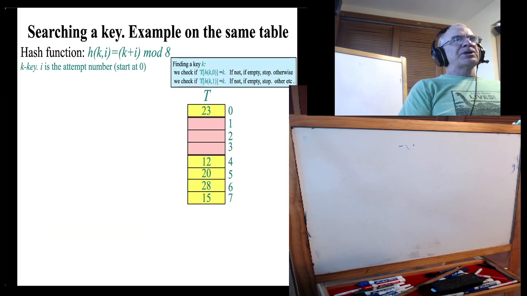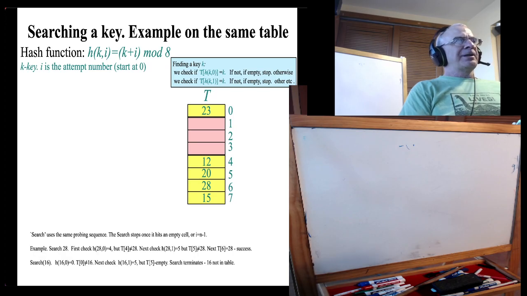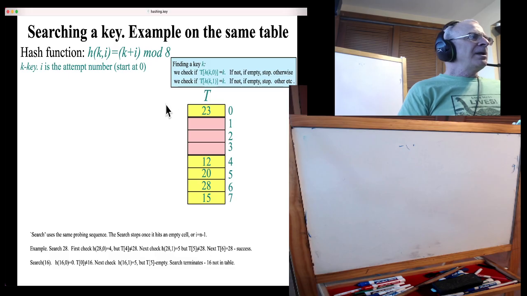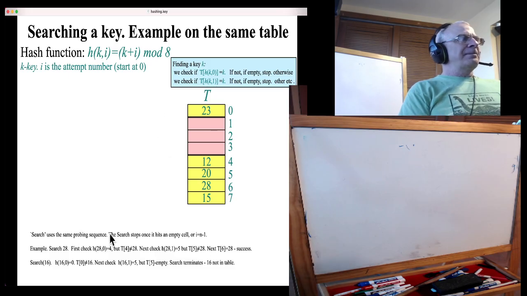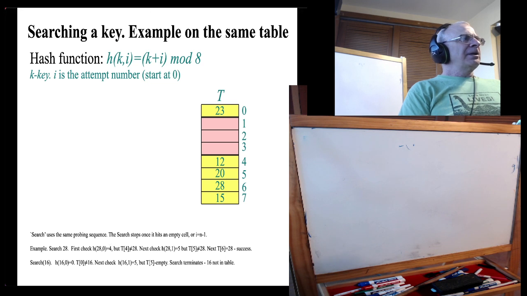Searching for a key, I know what the key that I'm searching for is, so I know where I would try to put this key. If you're searching for something, try to remember what would be the last place that you'd put it, and so on. So, to search, I'm just repeating the probing sequence.